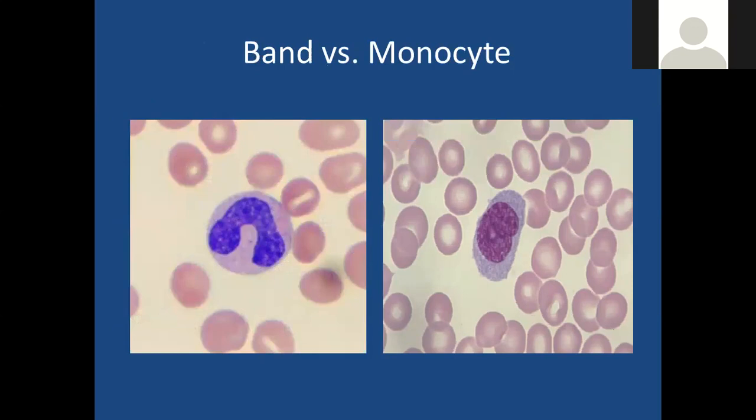All right, so here's our band versus mono. This might give you some trouble when we go in lab. So notice, you want to look at your color of cytoplasm. Which one's the band? This is your band. Good job, you guys. This is band, this is mono. Why did you classify it that way? You have the C or S shape of your band, and then the color of your cytoplasm.